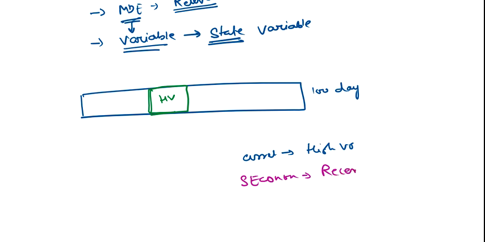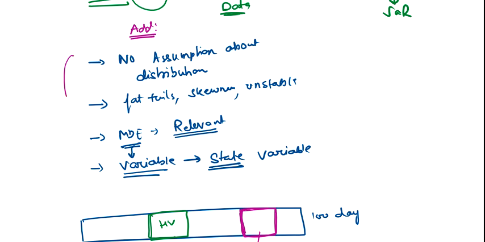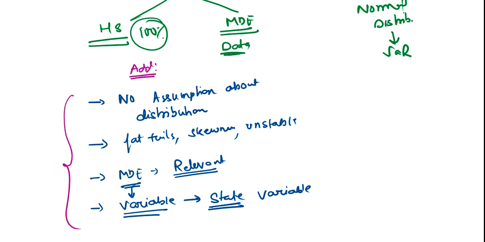Currently you are in recession, so you will find out which period belongs to the recession. You got to know that this period actually belongs to recession, clear. So you will choose this data to find out the risk. So these four are the advantages of the non-parametric methods.